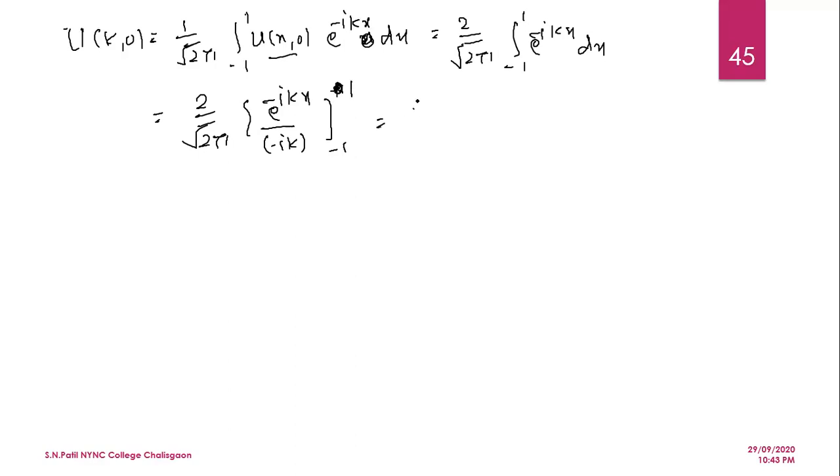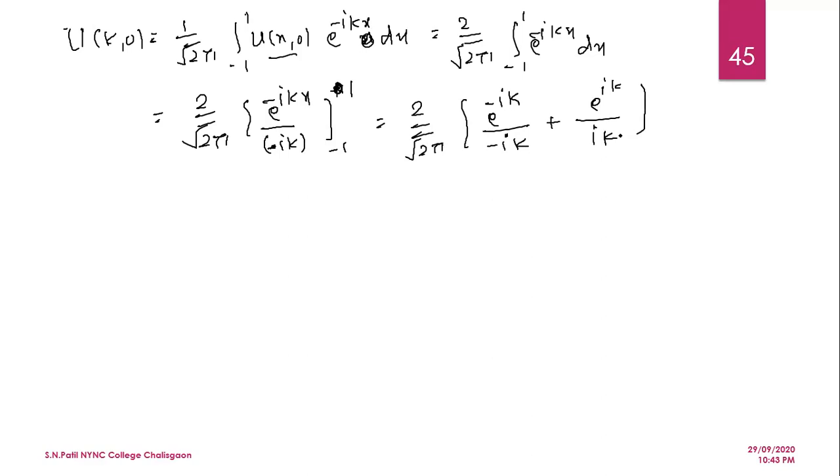Now put the upper limit, x is equal to 1: e raised to minus ik divided by minus ik. Minus the lower limit, and with this minus sign, minus minus becomes plus ik, e raised to ik.